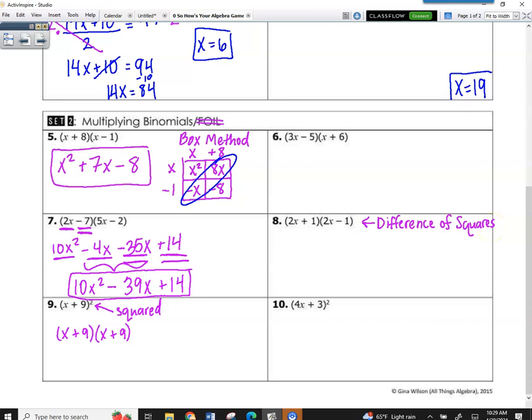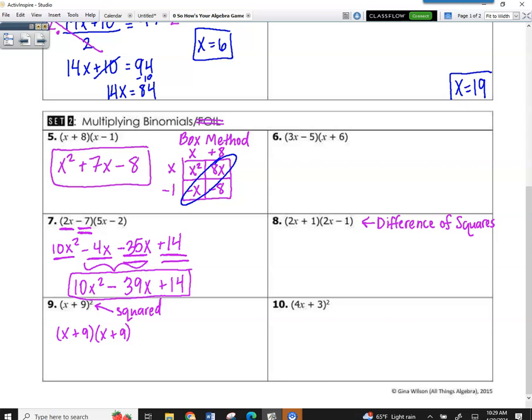It means that they're so close to being a perfect square, where it's the same thing twice. But there is one difference, and the difference is in the sign in the middle. And what's going to happen is the middle term will disappear every time. The x term will disappear every single time you have a difference of squares.